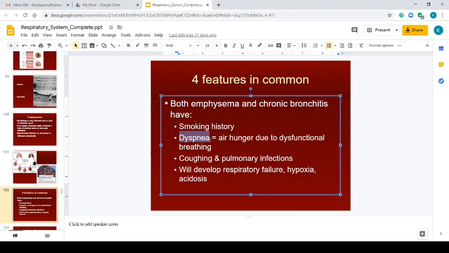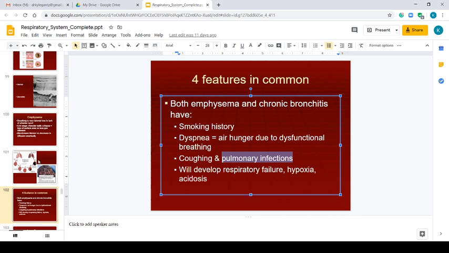So then we have this dyspnea, air hunger, right? So something's not right due to the dysfunctional breathing. We have a lot of coughing due to the excess mucus production, due to the mucociliary ladder being an issue, and also we're going to see a lot of infections, right?